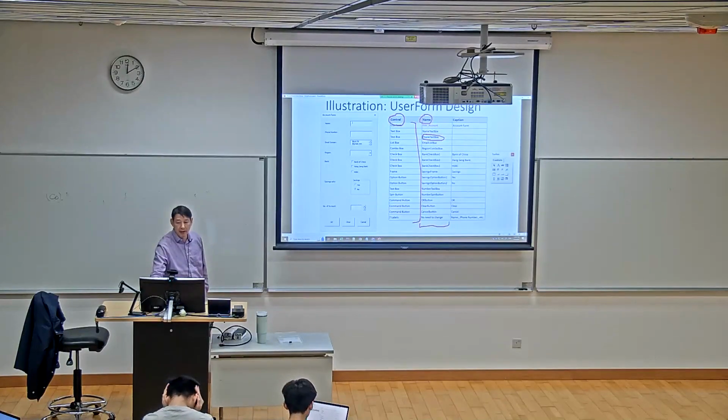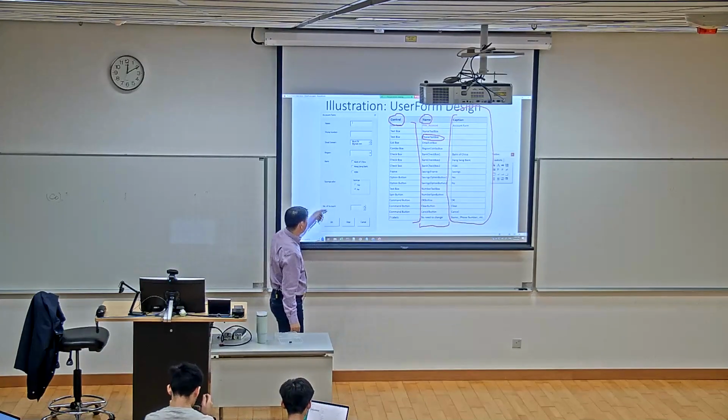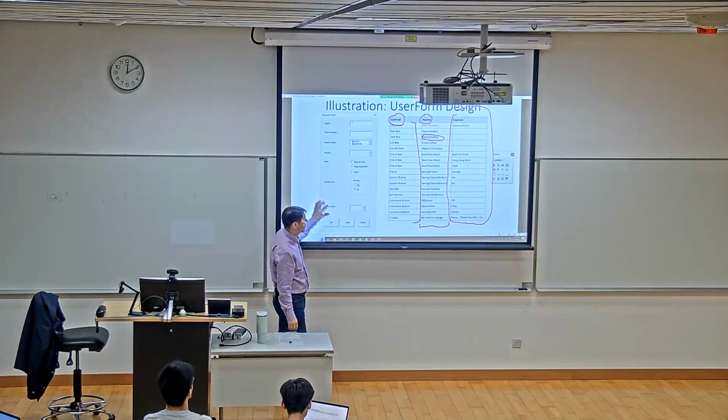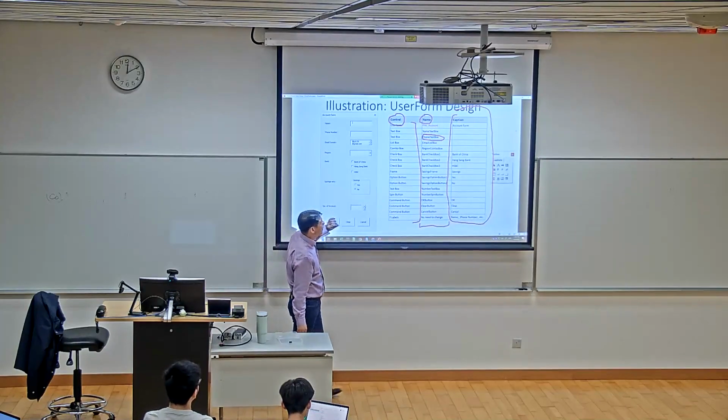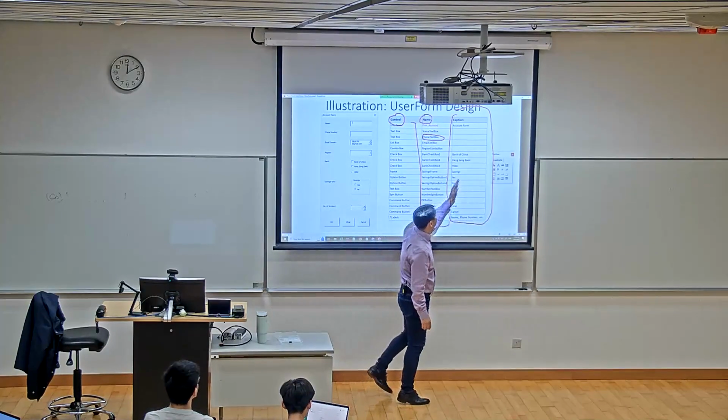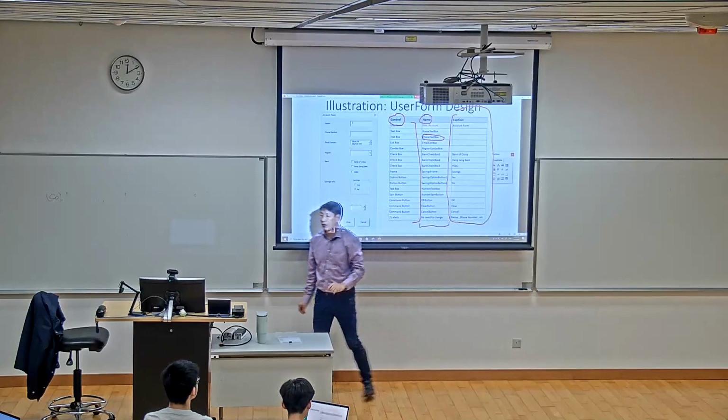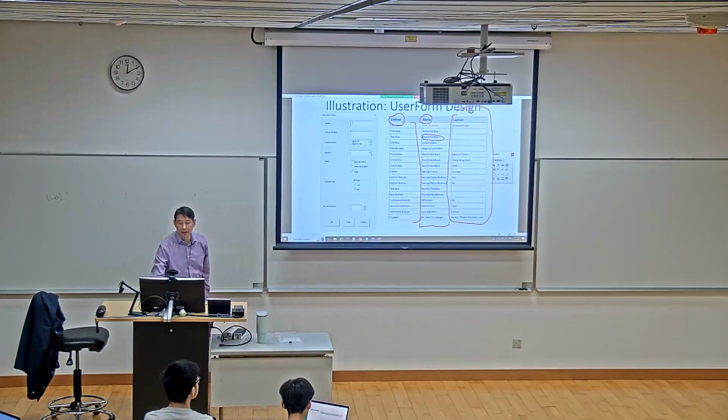In some cases, for some objects like the labels, you may need to set the values, the displayed names, so you may need to play around with the captions. The property name is usually called caption.